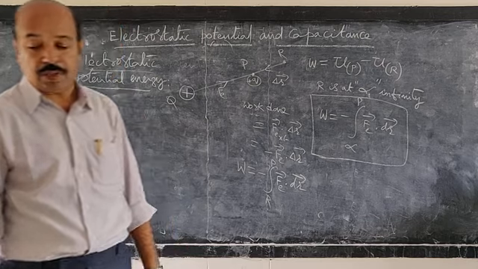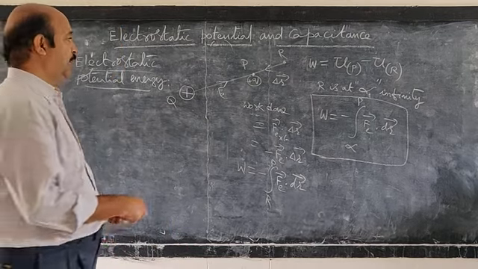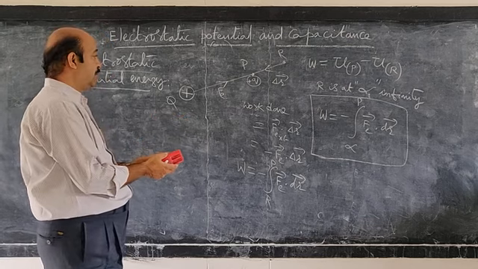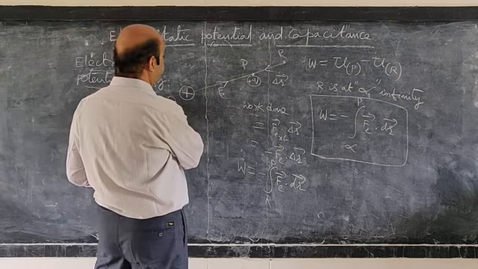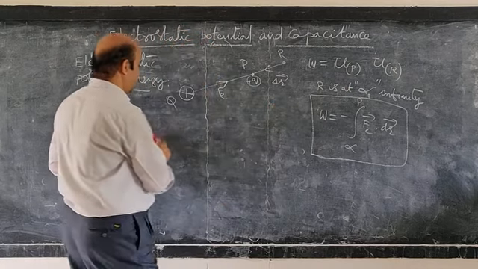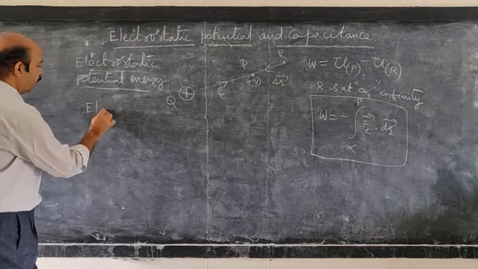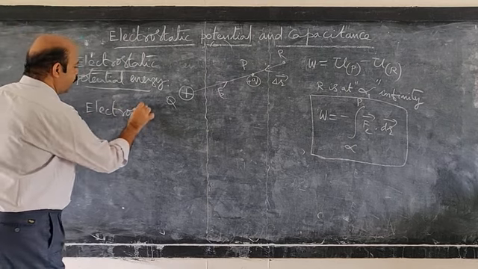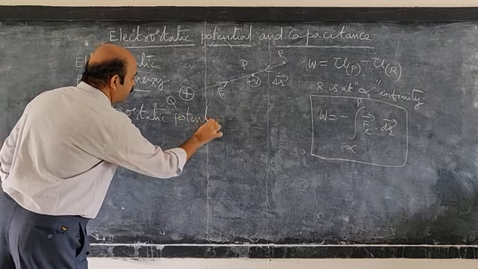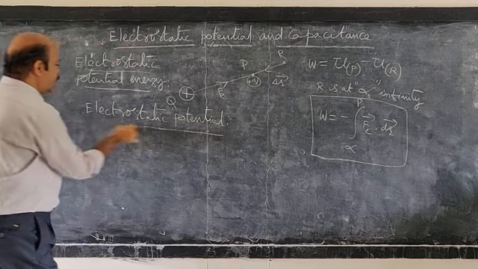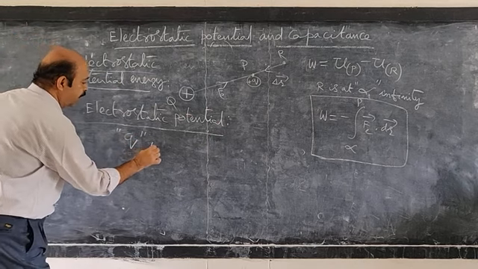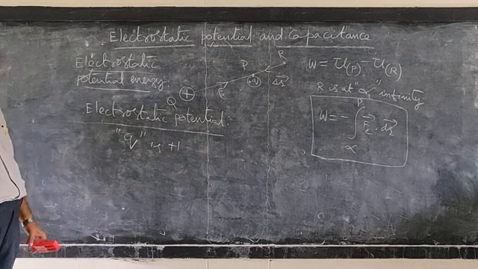Then we will discuss electric potential. We discussed the electrical potential energy of a charge. Now we will discuss the electrostatic potential. Suppose the test charge you are bringing is of unit value.